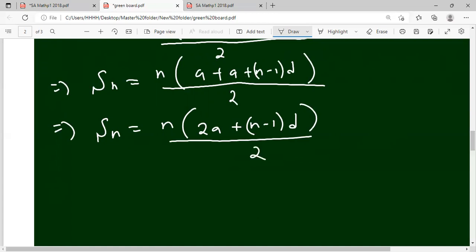All right, and that's the formula. Hence, shown or derived.